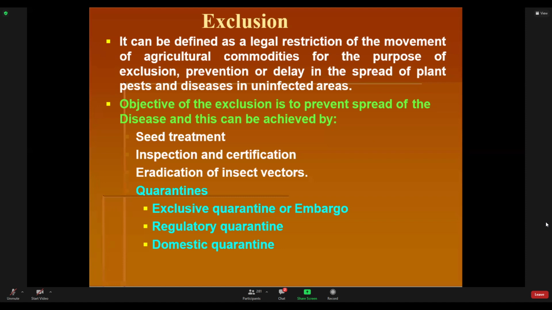We call it domestic quarantine. That is the restriction of movement of agricultural commodities from the diseased area to the healthy areas. So these are the ways by which we can exclude the pathogen from uninfected areas.